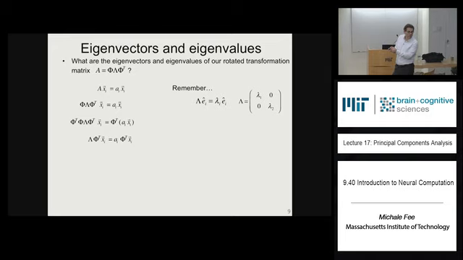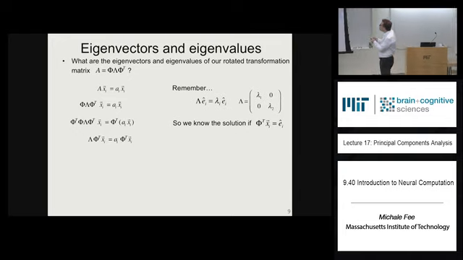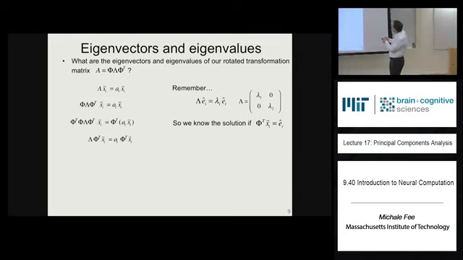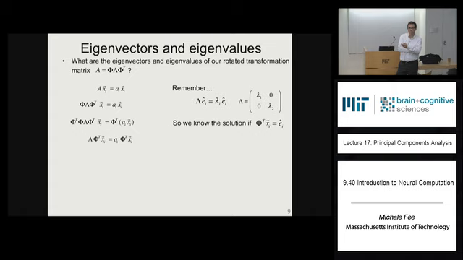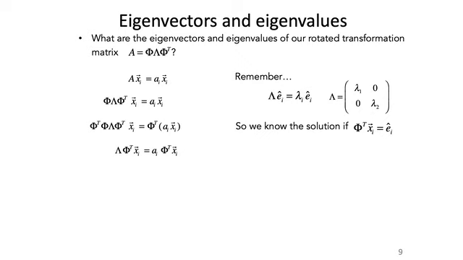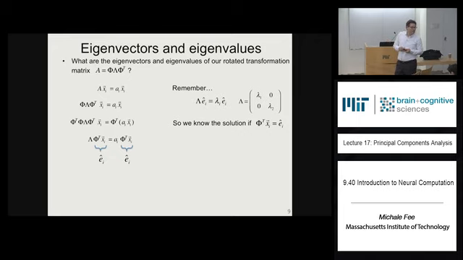Does that make sense? So we know that the solution is satisfied by phi transpose x equal to one of the standard basis vectors. Does that make sense? Okay, so if we replace phi transpose x with one of the standard basis vectors, then that solves this equation.